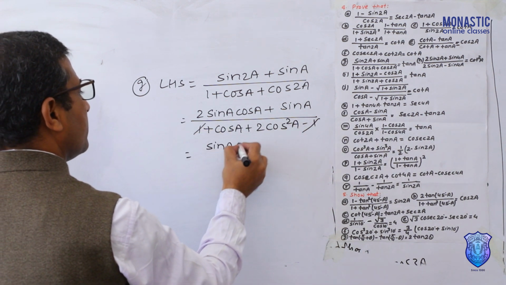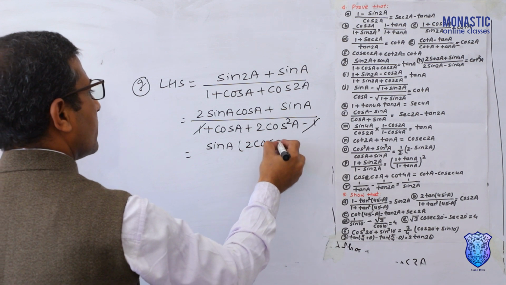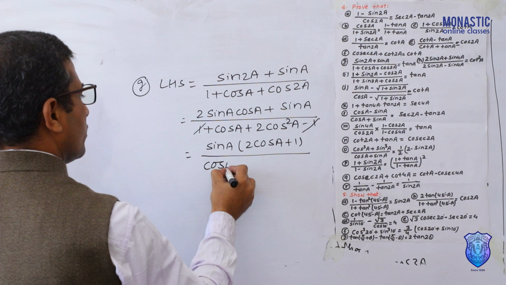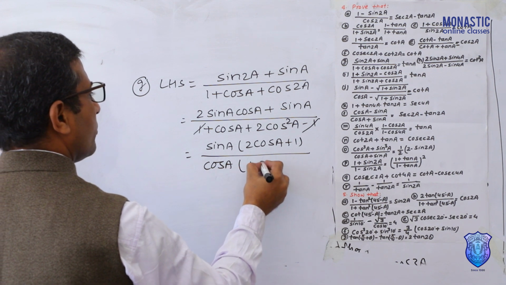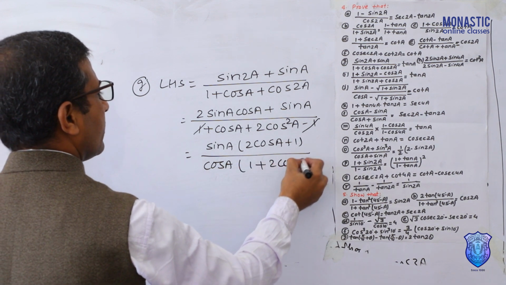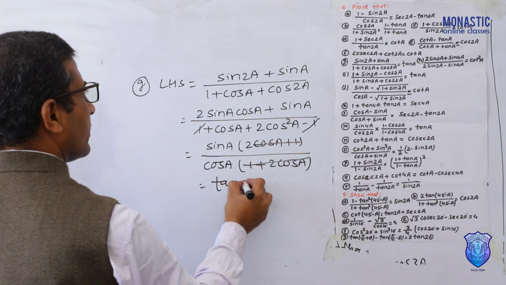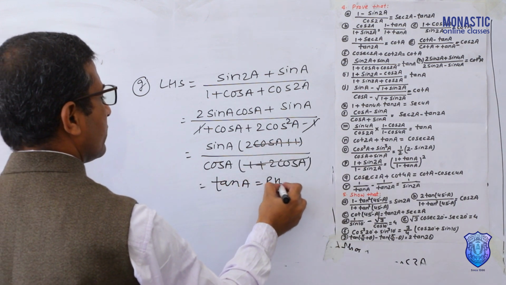Take the common factor, it came 2 cos A plus 1. In the denominator cos A is common, 1 plus 2 cos A. These two are the same. Sin A by cos A is tan A. That's your result.